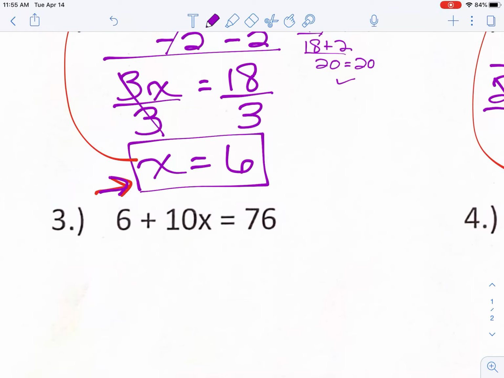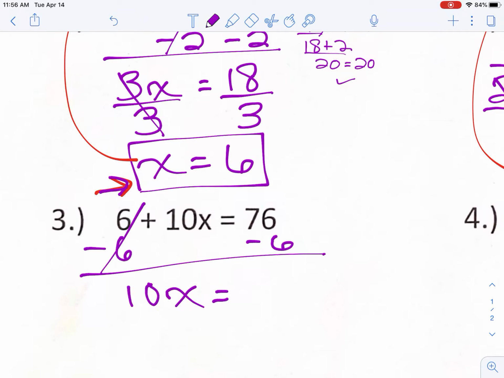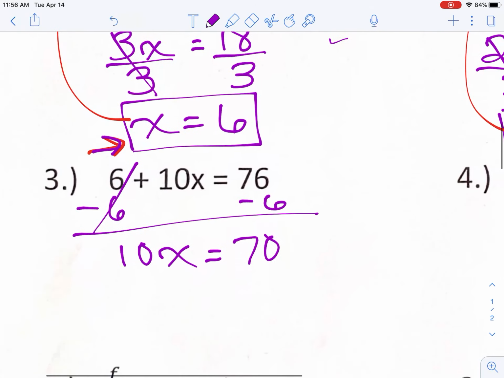Number 3, 6 plus 10x equals 76. This one looks a little bit different, but it's fine. We're always going to undo addition or subtraction first. So we want to get that 6 out of there. That's a positive 6, so I'm going to subtract 6 from both sides. And again, 6 minus 6 is 0. That's what we want. So we have 10x equals 76 minus 6, which is 70.